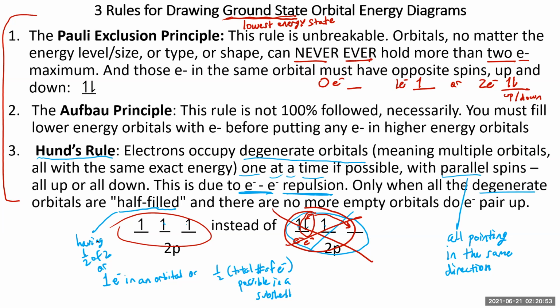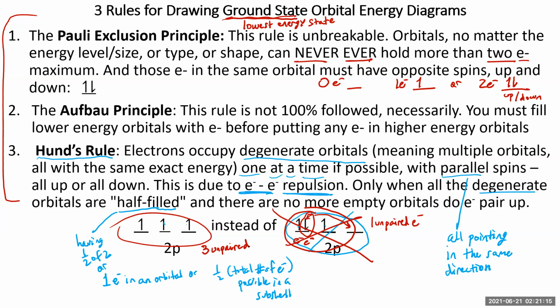A pair is 2. So rather than having 1 unpaired electron, I would have 3 unpaired electrons. Another way I suppose you could think about this is you want to maximize the number of unpaired electrons for a given subshell.